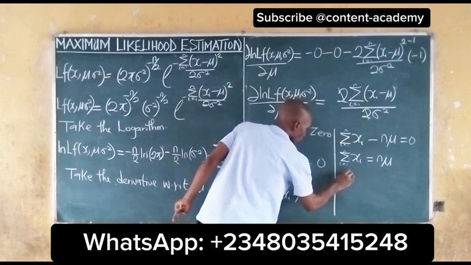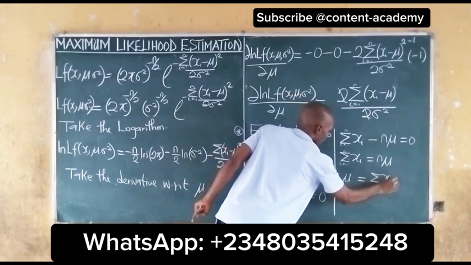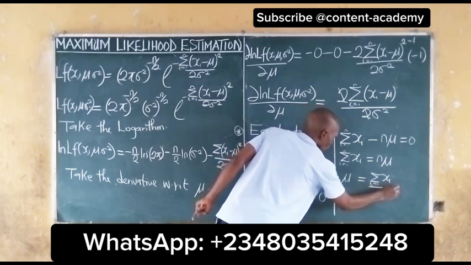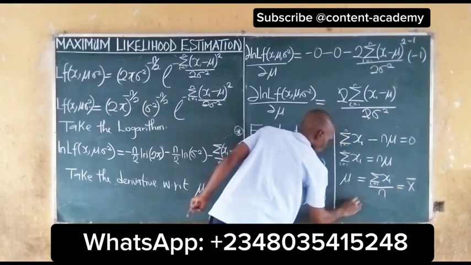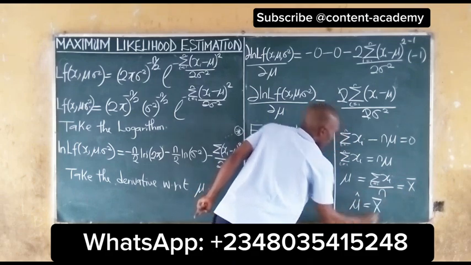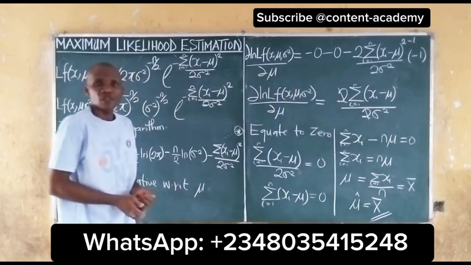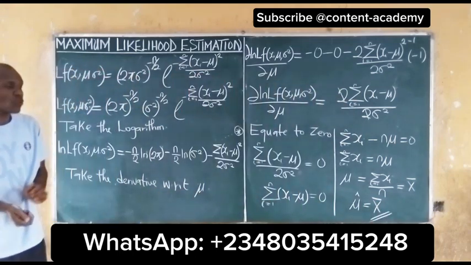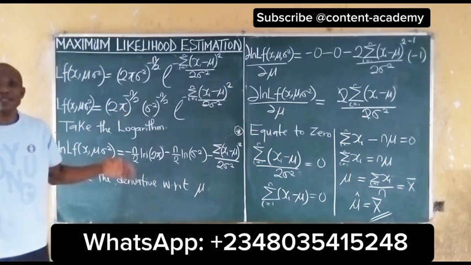If you make mu the subject, mu is equal to summation of xi as i runs from 1 to n all over n. So our mu estimate is equal to x bar, which is unbiased. So this is how to obtain the maximum likelihood estimation for the mean.